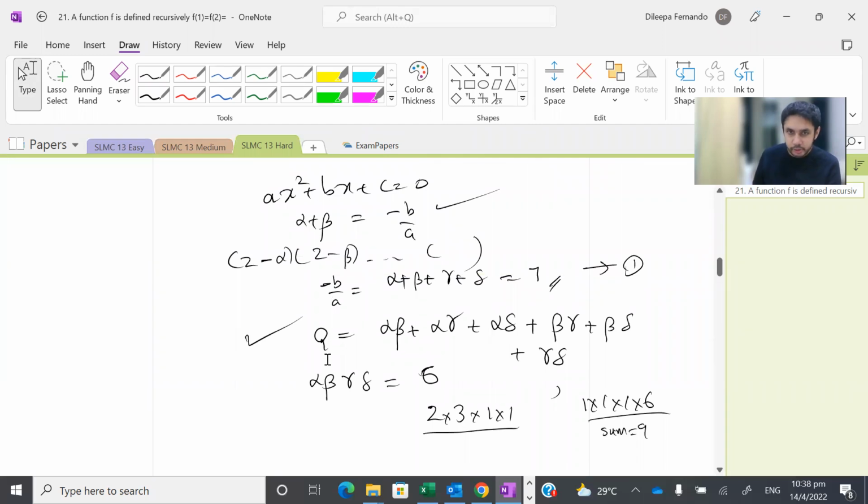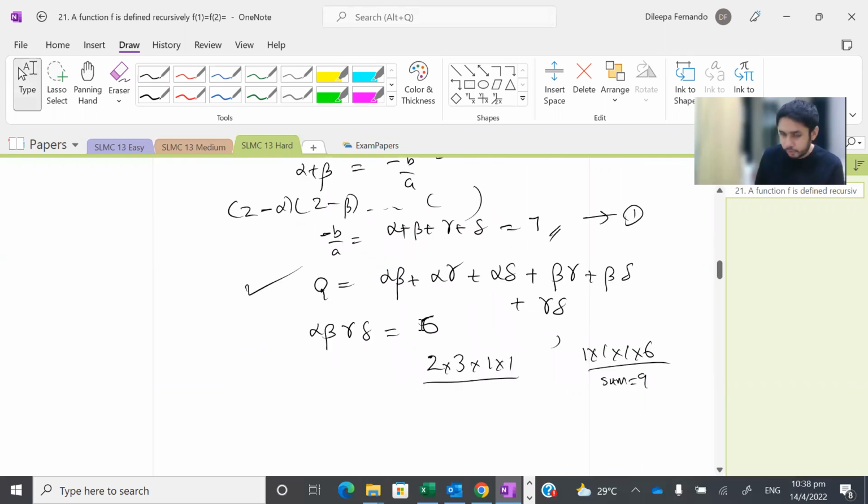So it should be 2, 3, 1, 1. So now you know the combination of the values, but you don't know what exactly are alpha, beta, gamma, delta. Again, you don't have to know the exact values because these are taken without loss of generality.